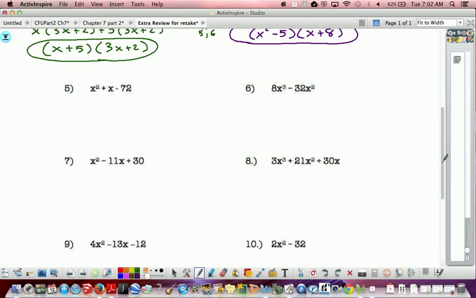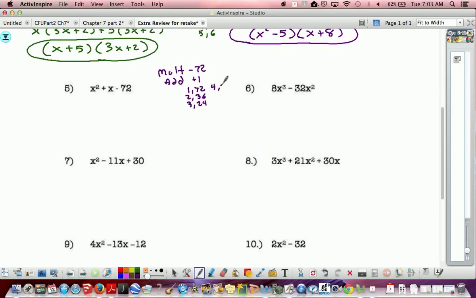So, number 5, I'm looking for multiples of negative 72 that add to positive 1. So I'm looking for factors that are really close to each other. So like 1 and 72 and 2 and 36, 3 and 24 probably aren't going to be it.